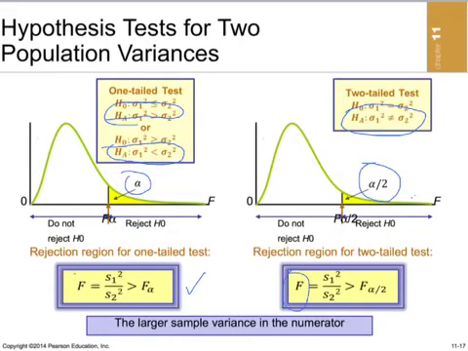If it is greater than F alpha over 2, which is our critical value, we will reject the null hypothesis. We're still using the very same principles from doing t-tests and z-tests. It's just that now our statistic is an F value and our critical value is an F critical. So once we understand how to find those, we will be able to conduct a hypothesis test.